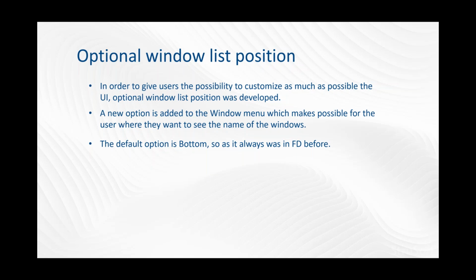Optional window list position. The optional window is a new option which is added in the Windows menu, which makes it possible for the user to place this window wherever they want.